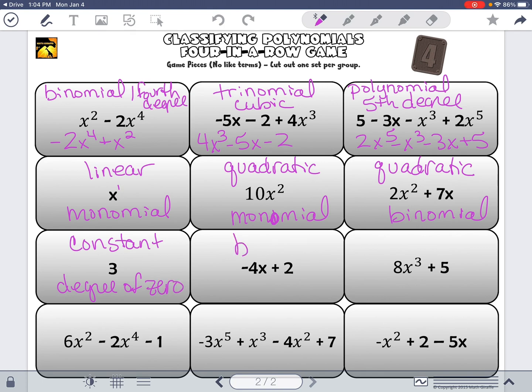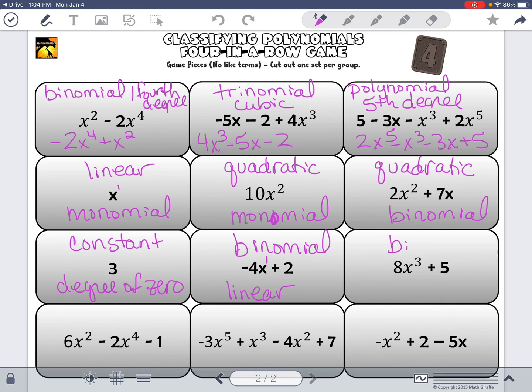Negative 4x plus 2 is a binomial. The x is to the 1st power, so it's linear. 8x cubed plus 5 is also a binomial. 3rd power is the highest exponent, so it is cubic.